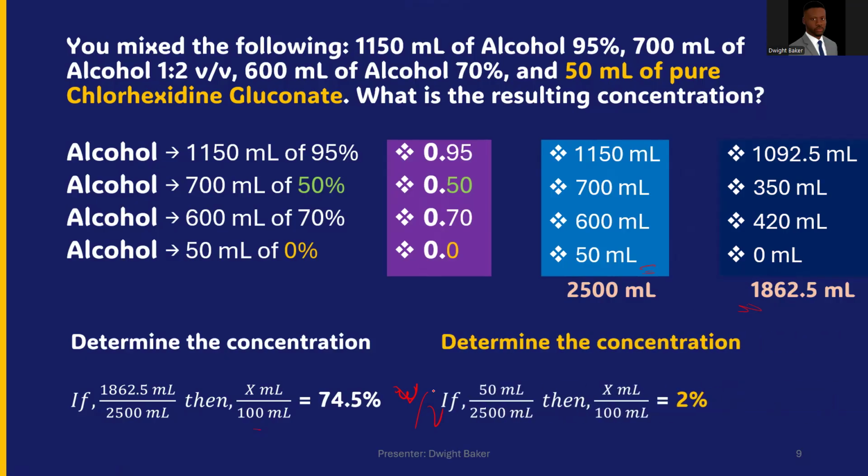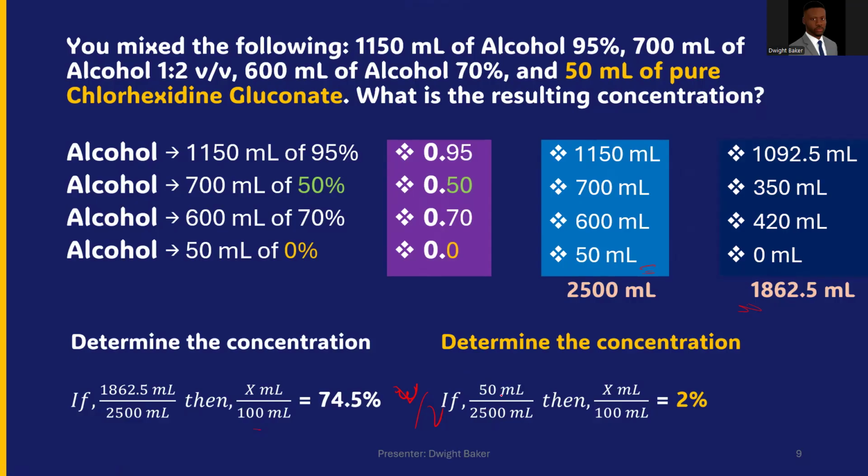Now, what if you're asked to determine the concentration of the chlorhexidine gluconate in the final mixture? Then you can look at it as, okay, you have 50 mils of chlorhexidine, because remember that's what you added, 50 mils of chlorhexidine gluconate in the 2,500 mil, and this is pure chlorhexidine gluconate. The question did tell you that.